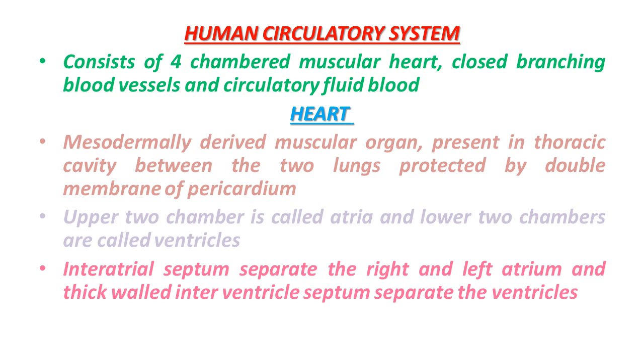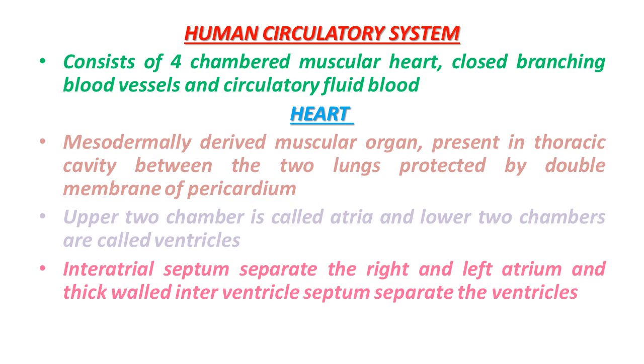A thin muscular wall called the interatrial septum separates the right and left atria, whereas a thick wall, the interventricular septum, separates the left and right ventricles. That we will also study in the figure.